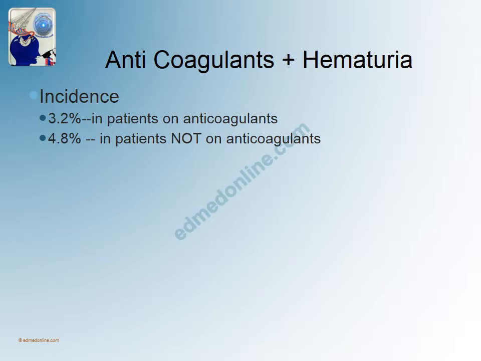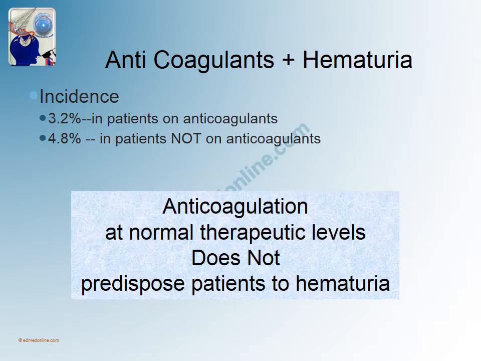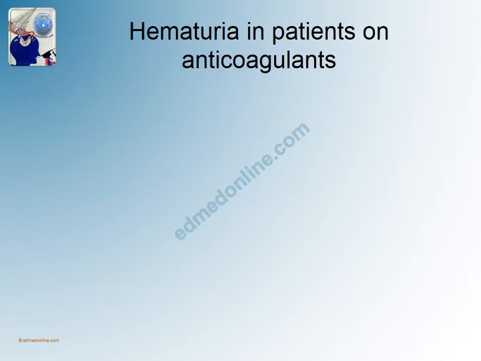In one study it has been found that the incidence of hematuria in these patients who are on anticoagulants is about 3.2%, while the incidence of hematuria in patients who are not on anticoagulants is about 4.8%, which means that the difference is not statistically significant, which implies that anticoagulation at normal therapeutic levels does not predispose patients to hematuria.